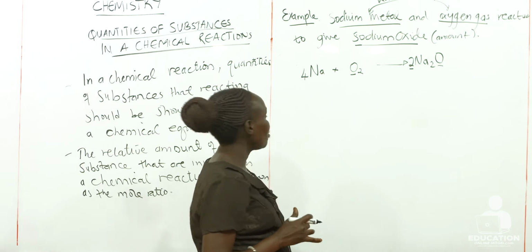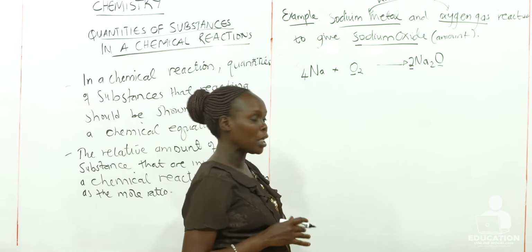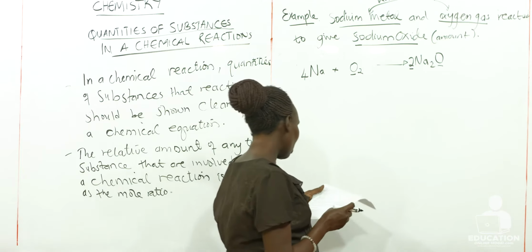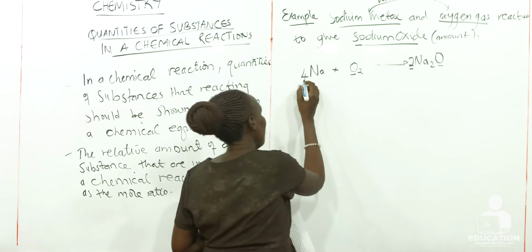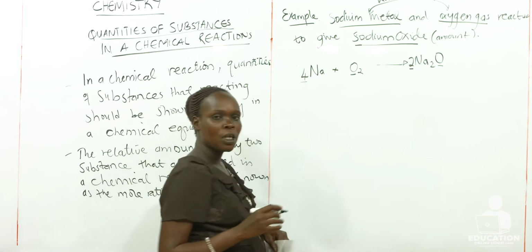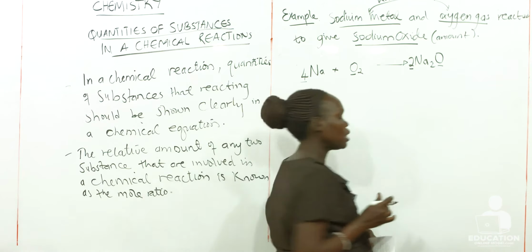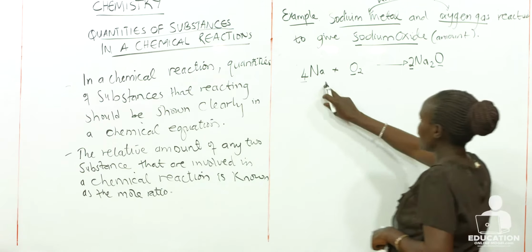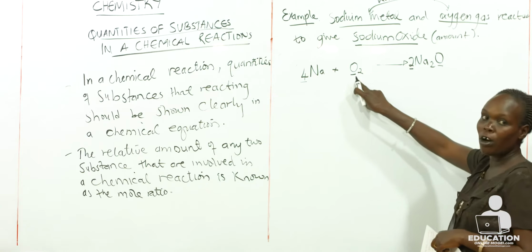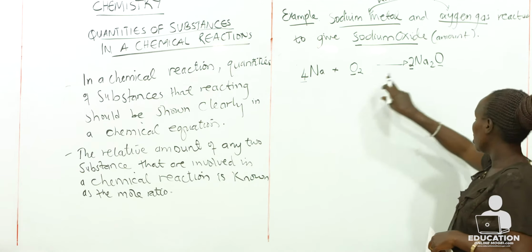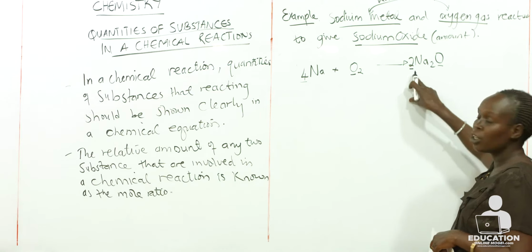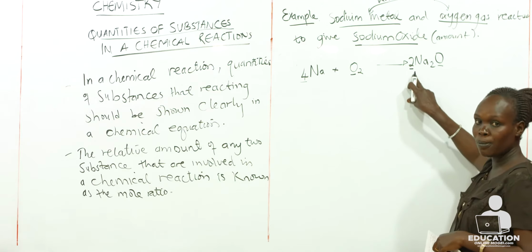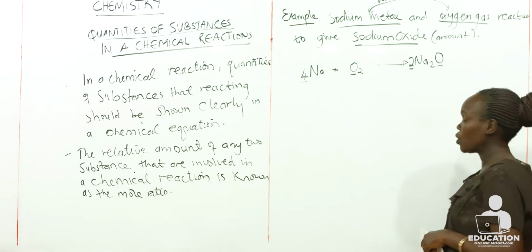These numbers represent the moles: there are 4 moles of sodium and 1 mole of oxygen. On this side there are 2 moles of the product, which is sodium oxide.